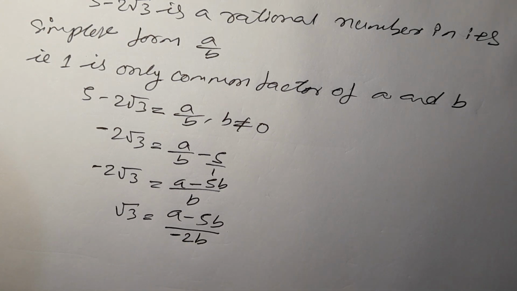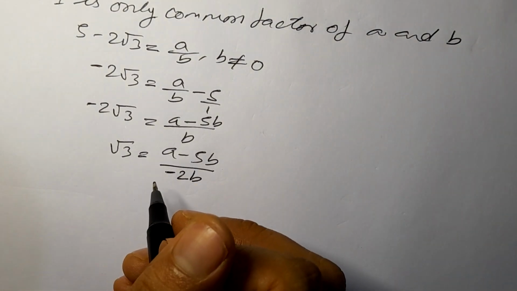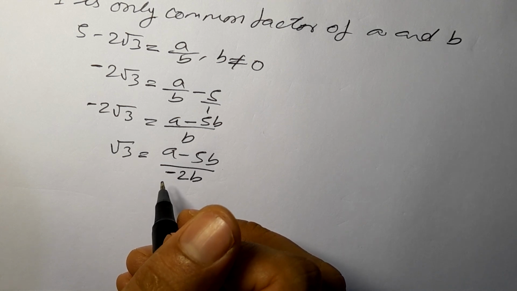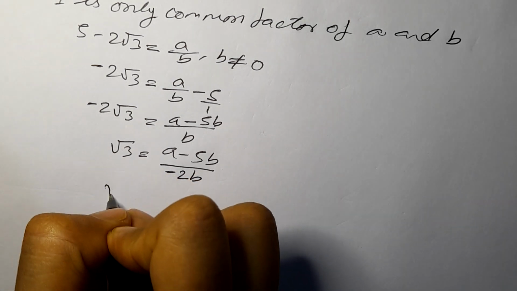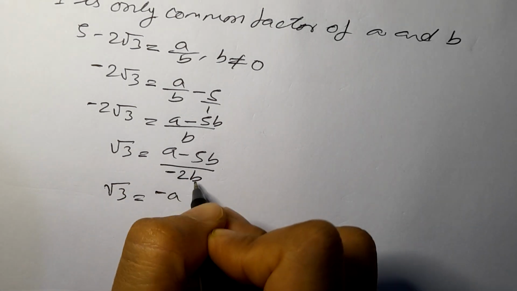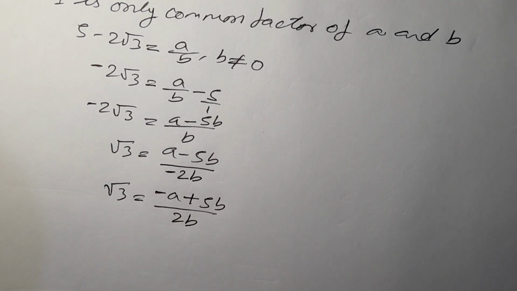Even though you can keep it here, normally we don't keep the denominator negative. So to make it positive, just reverse the sign of the numerator. So root 3 is equal to minus a plus 5b divided by 2b.